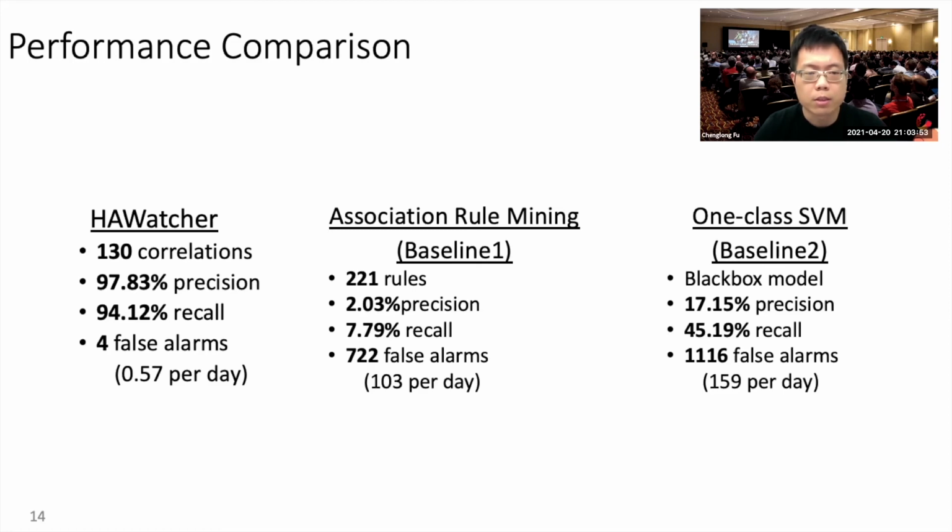As a result, our HAWatcher significantly outperforms the other baseline methods in terms of both precision and recall. Especially, our HAWatcher greatly reduced the number of false alarms. As you see here, we only have 4 false alarms among 7 days of testing. So this greatly improves the usability of the detection system because false alarms are always annoying.